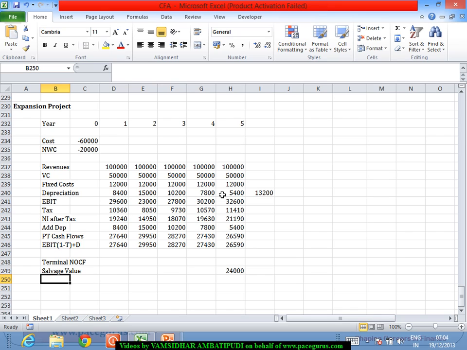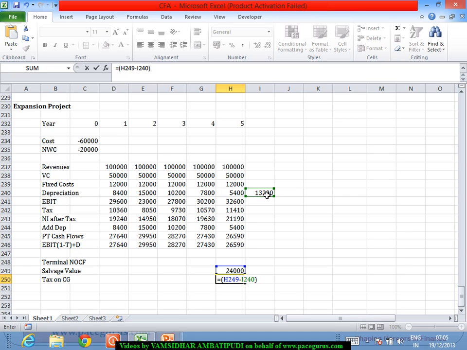So this is treated as a capital gain, and I have to pay tax on capital gain because I am selling it at more than the book value of the asset. The tax I am supposed to pay is based on the difference between the salvage value and the book value. If the salvage value is lesser, I will get a tax benefit as an inflow.